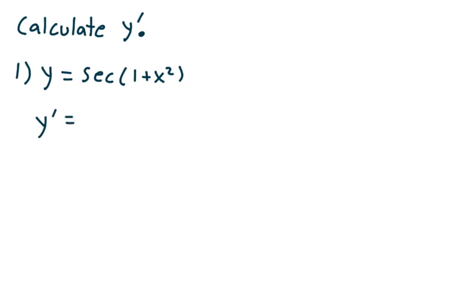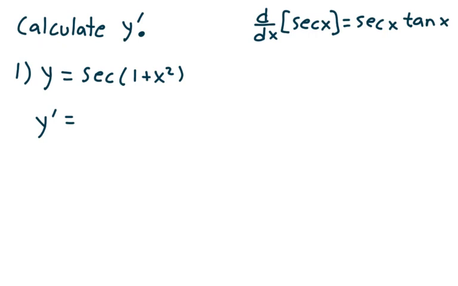So if I want y prime, there's a couple things. Remember that the derivative of secant x with respect to x is secant x times tangent x, right? So the outside function is the secant function. So I'm going to take secant and I'm going to evaluate it at the inside function.